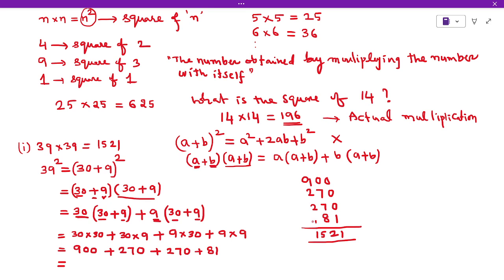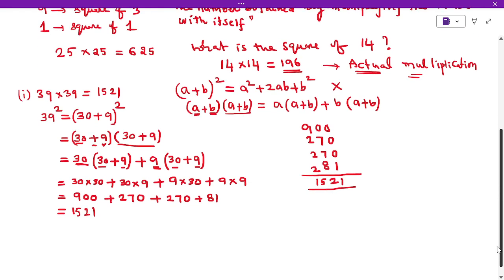Clear? This is the way we can find the square of any number if you don't use the actual multiplication. But in general, whenever you want to find the square of a number, you simply multiply the same number. That's how you will get the square of a number.